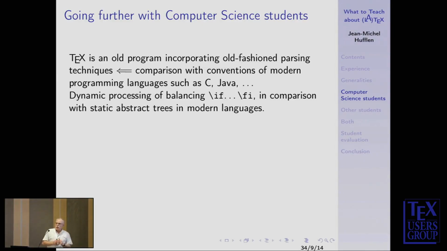For modern languages, a kind of tree is built when the text is analyzed. From my point of view, it may be interesting for computer science students to see this difference.